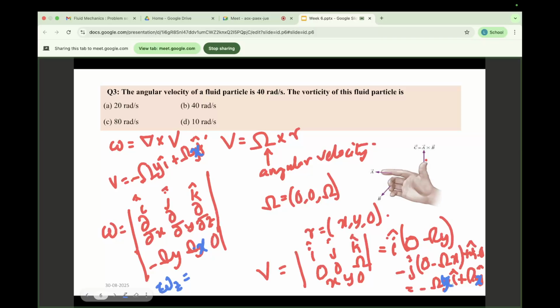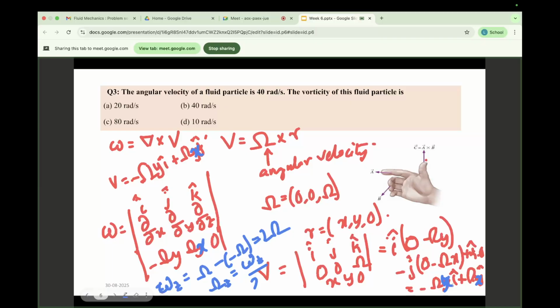So the derivative of this one is like this one minus, and the derivative of this one is minus of minus 2. So that is 2 omega. So given what is given, we have to find what has been asked. We have to find omega z, that is this by 2.